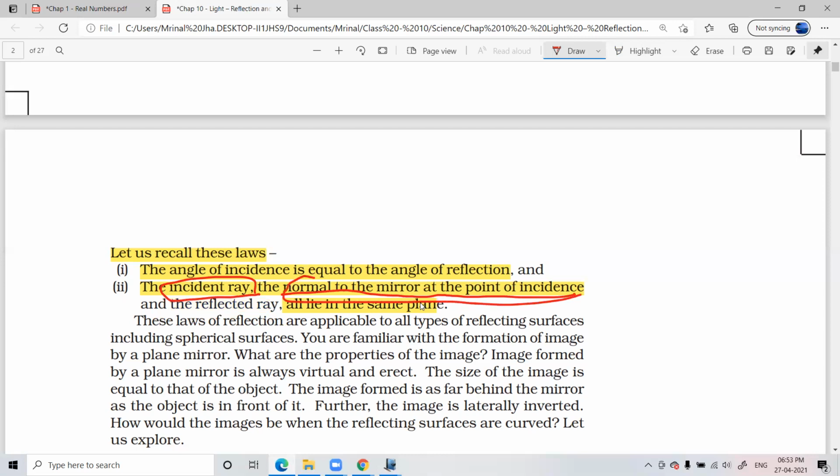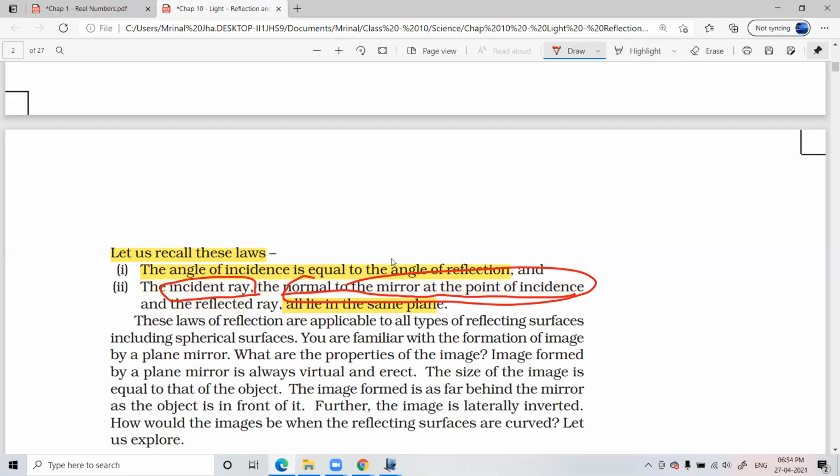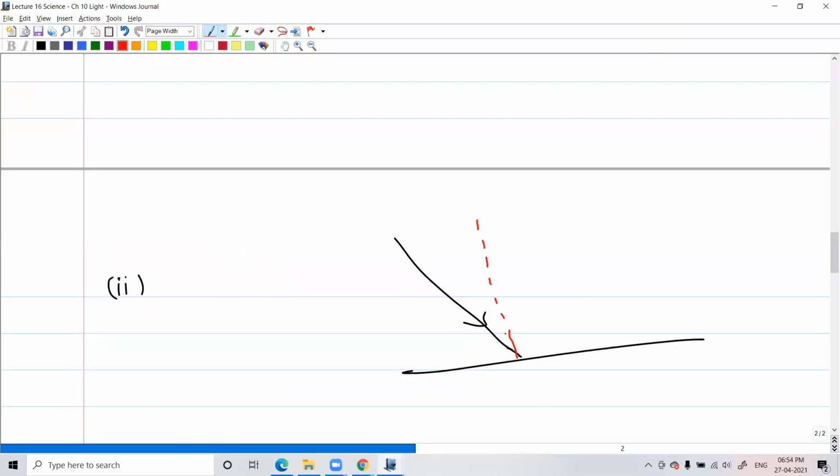The normal at the point of incidence means the perpendicular line at the point of incidence. So they are talking about first this one, then the normal. What else? The incident ray, the normal, and the reflected ray, of course. We have to talk about these three things.